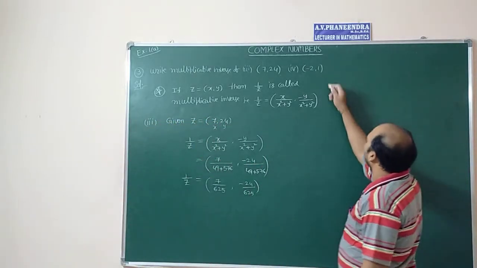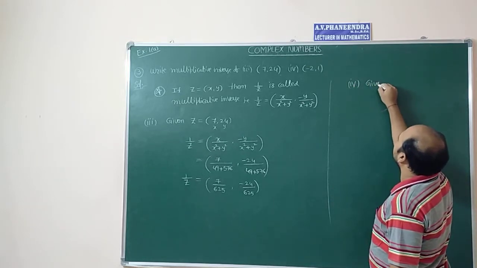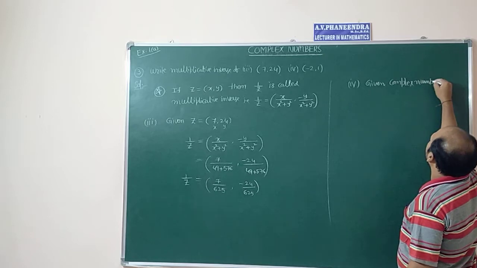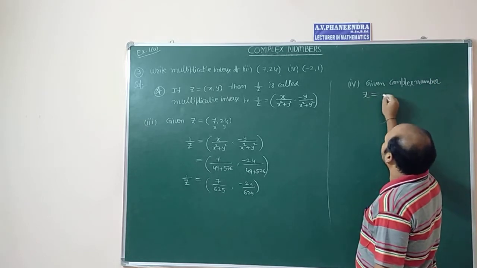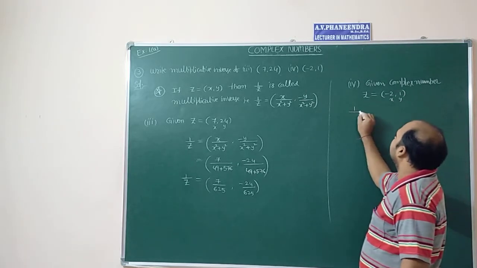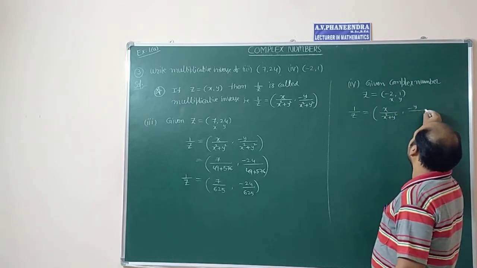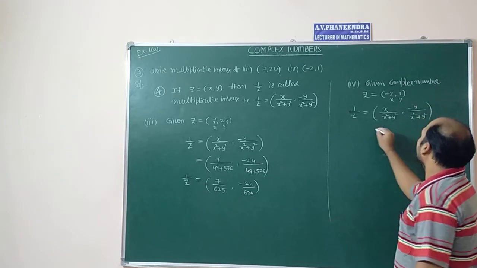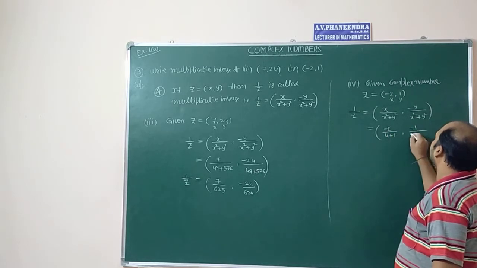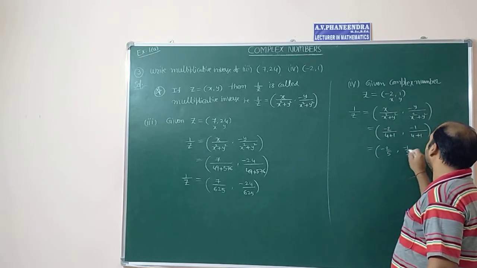Now come to problem 4. Given complex number Z is equal to minus 2 comma 1, that is X, Y. So 1 by Z is equal to X by X square plus Y square, minus Y by X square plus Y square, which is equal to minus 2 by 2 square, 4, plus 1 square, 1, minus 1 by 4 plus 1, minus 2 by 5 comma minus 1 by 5.